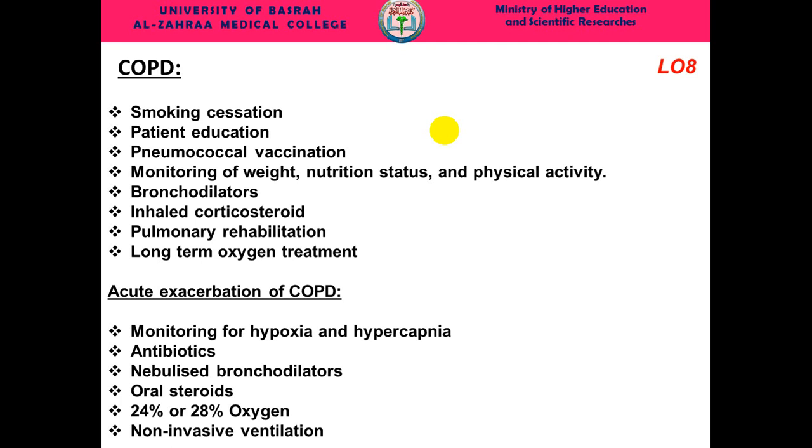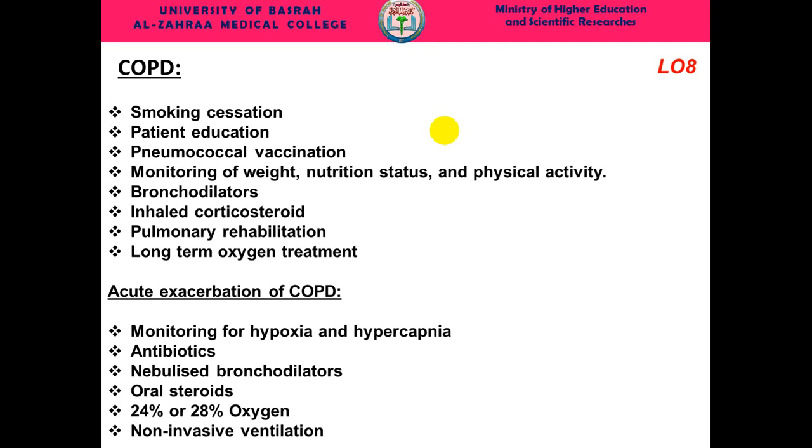Pneumococcal vaccination every year is important, because these people are prone to severe pneumonia due to pneumococci. Monitoring of weight, nutritional status and physical activity is important because patients with COPD will be unable to exercise regularly, and this will induce a vicious circle.